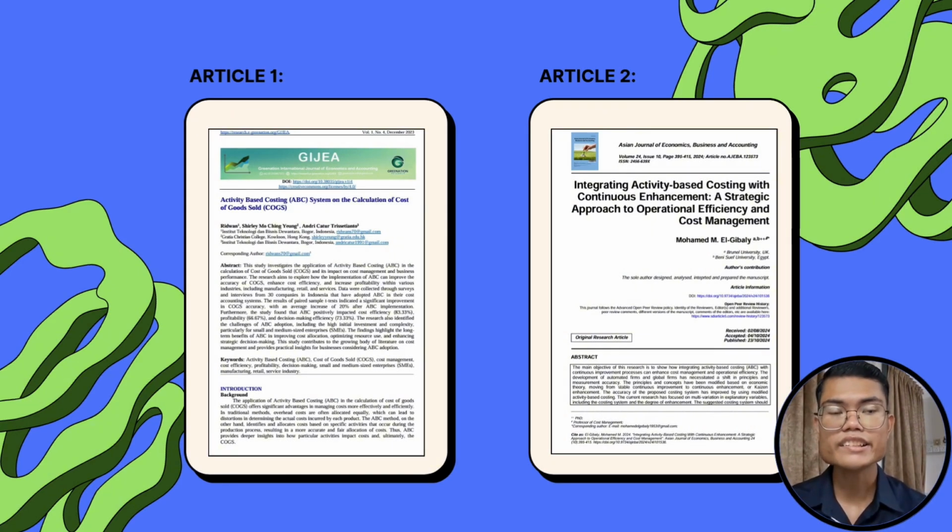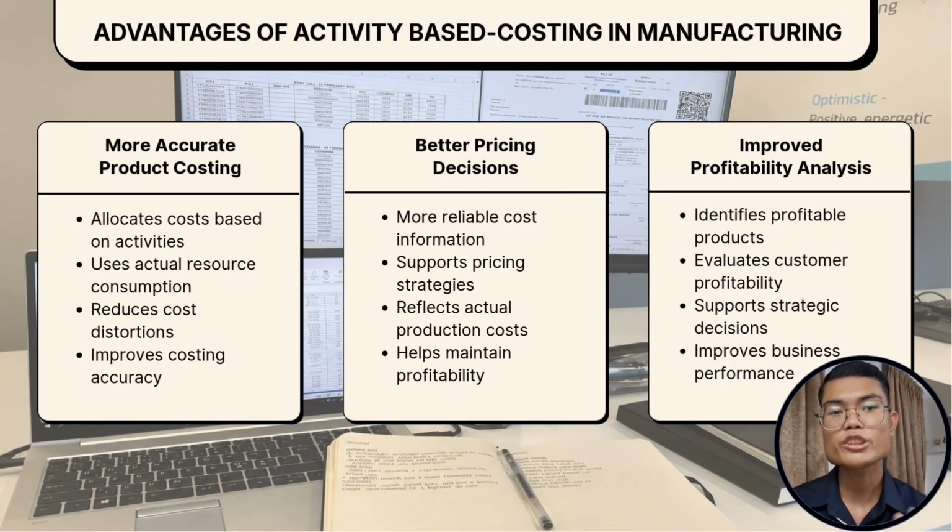The second article is titled Integrating Activity-Based Costing with Continuous Enhancement, a strategic approach to operational efficiency and cost management. These articles explain that ABC helps organizations identify non-value added activities, improve resource allocation, and strengthen cost management practices. Now, let us look at the advantages of ABC one by one.